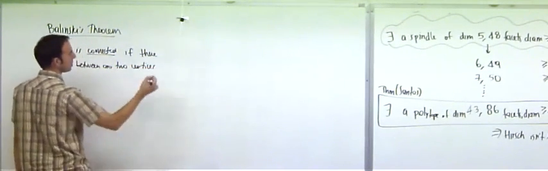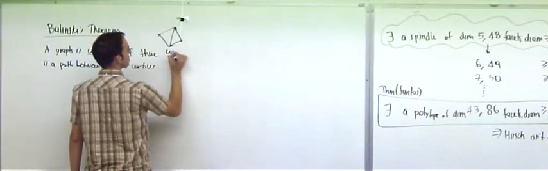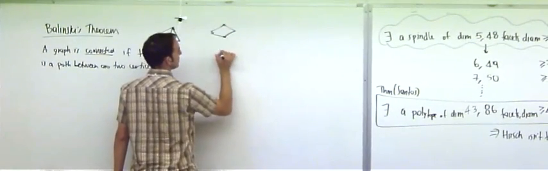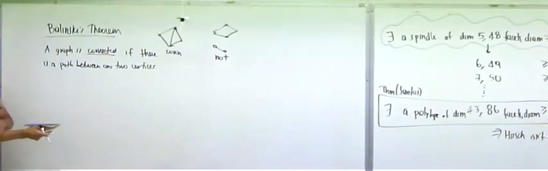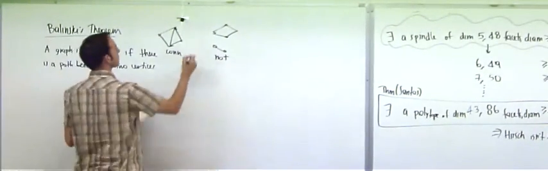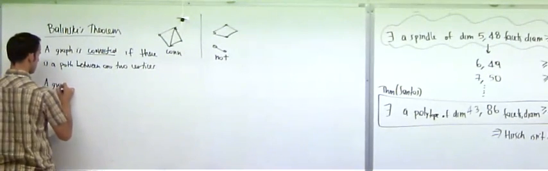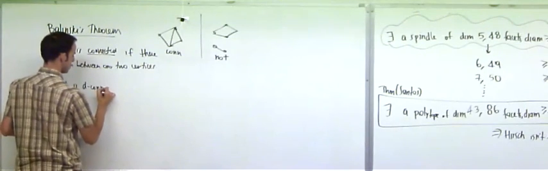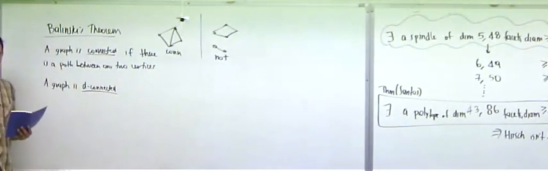Okay, so for example, this graph is connected, and this graph is not connected. And we're going to say that a graph is d-connected if it's more than connected.